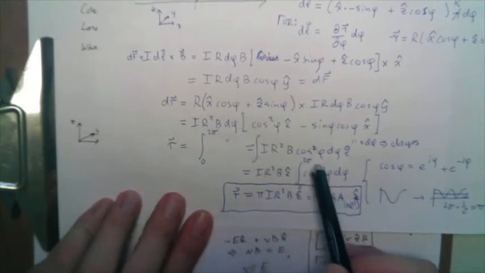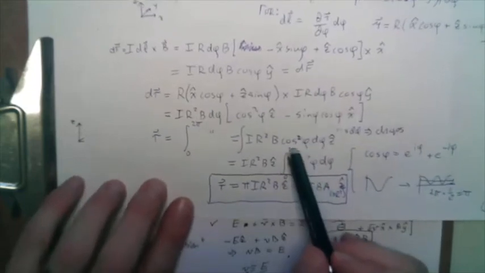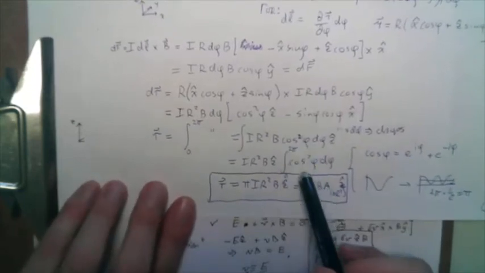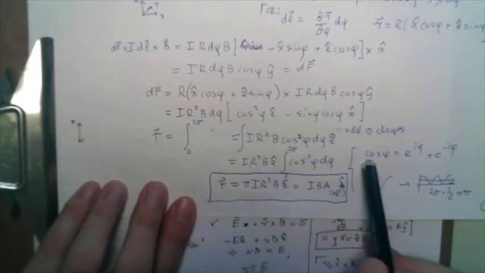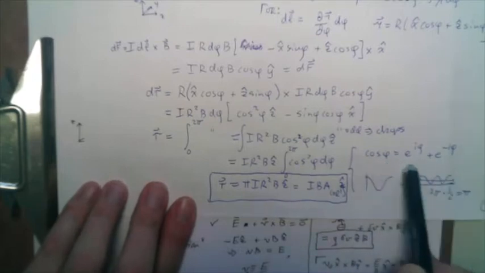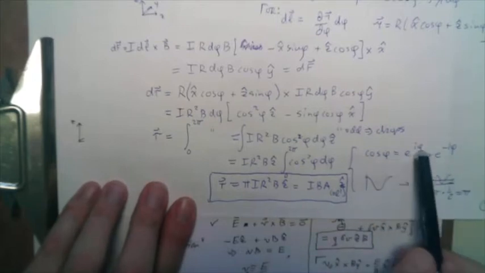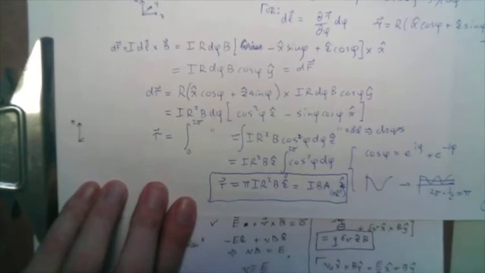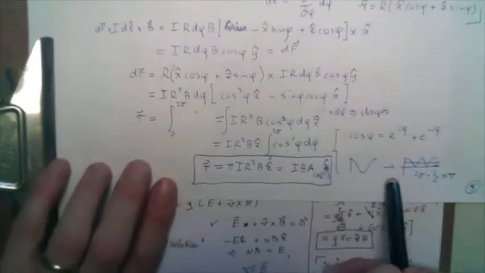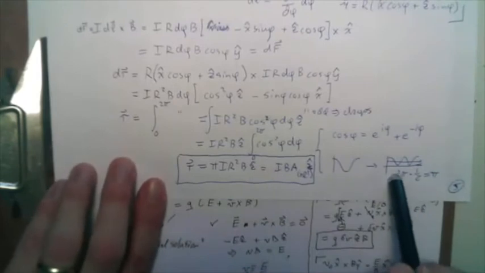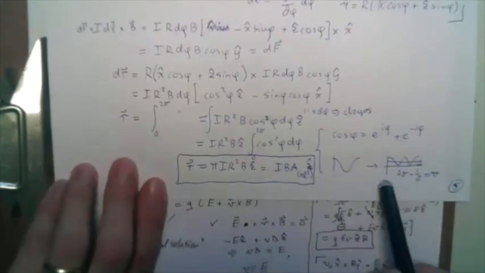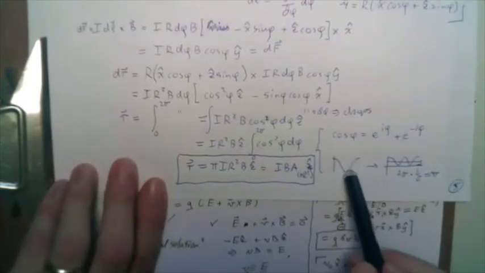Now for the cosine squared integral, there are two ways to do this. You can use trig identities, or you can use the complex notation trick where when you square it, you just get those. Or you can do this trick, which is super sloppy, but I know it works, so I don't have to remember much. If you have a cosine, you square it.